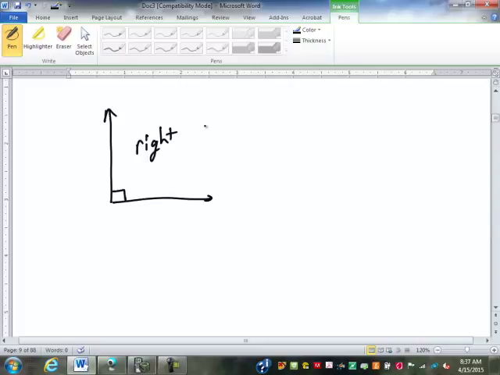So the right angle is right in the middle there, 90 degrees between 0 and 180. Things that are smaller than a right angle, like this, are called acute. Think of it this way, an acute angle is smaller than a right angle.